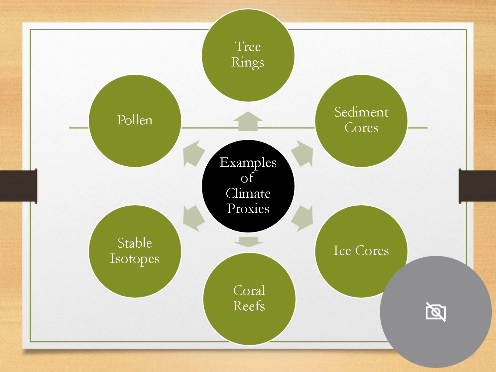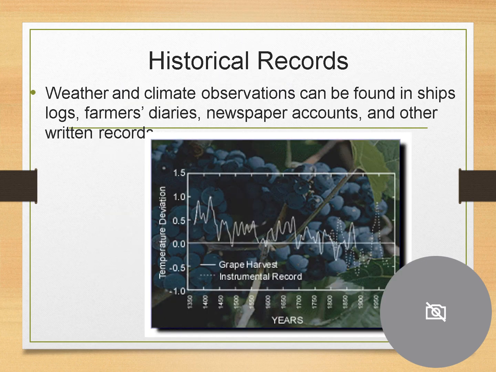So let us go one by one. Let us start with historical records. Weather and climate observations can be found in ships' logs, farmers' diaries, newspaper accounts, and other written records. If you have a chance to have these, such as newspapers of the past or written records, you may be able to know the past climate.